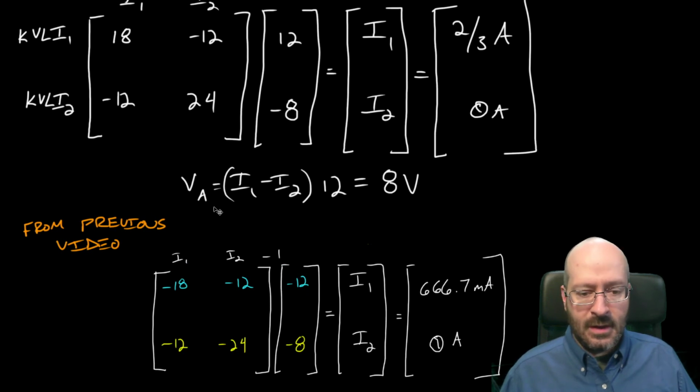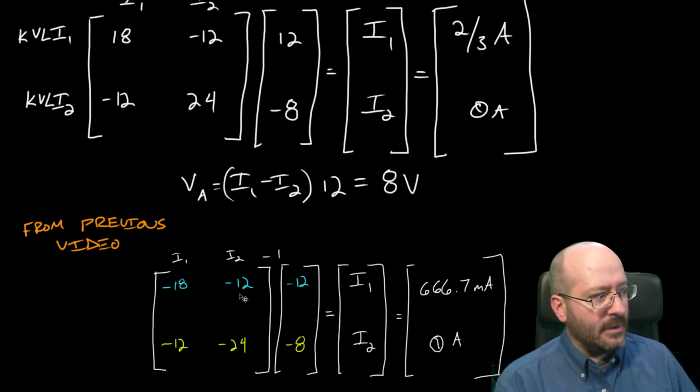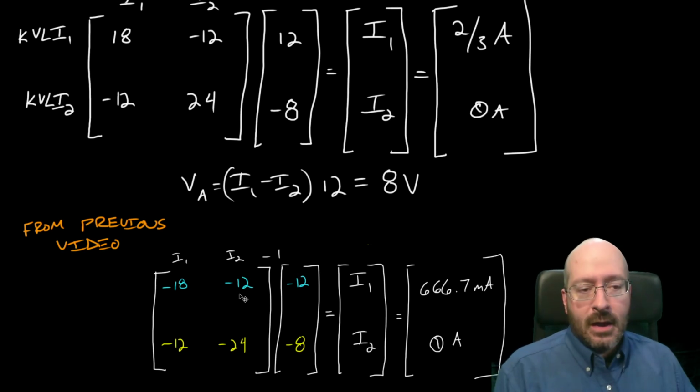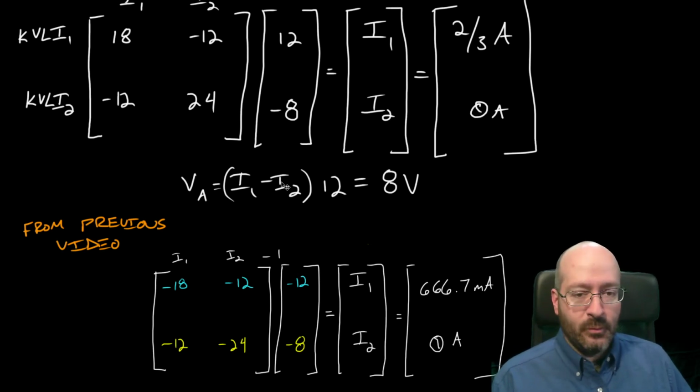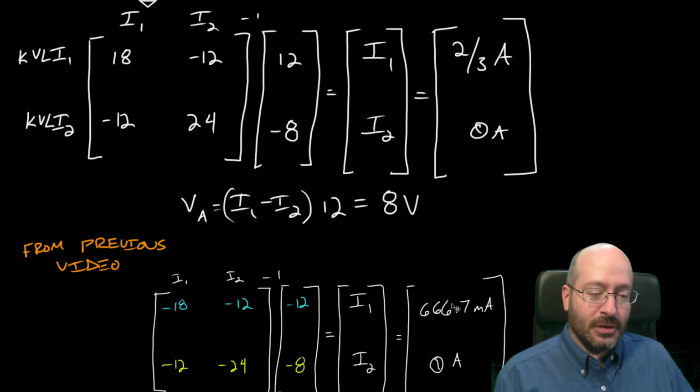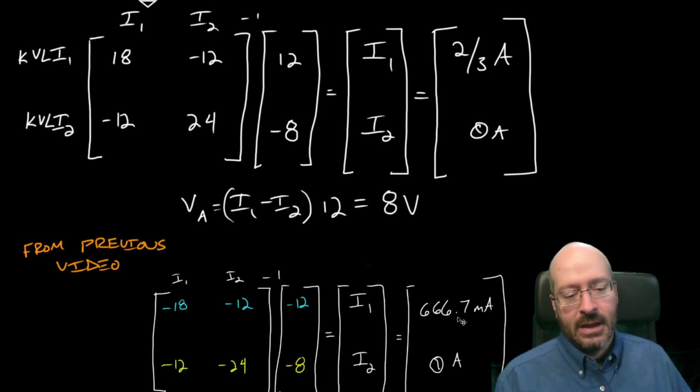Some of our signs are different. Why is that? I think that this was the one where we didn't follow the rule. When you're doing the shortcut, label all of your current directions the same. But we did end up with 2/3, here it's 666.7 milliamps, I rounded a little bit there, and 0 amps. So we ended up with the same solution.